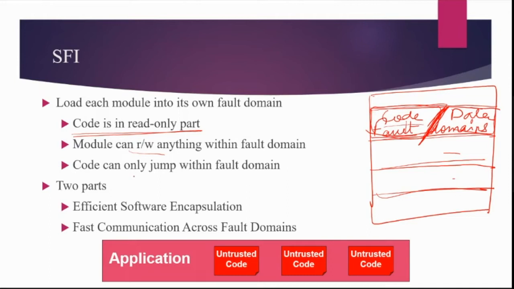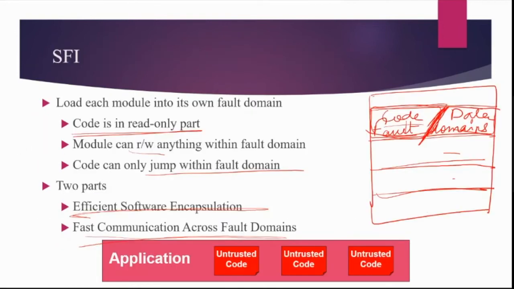Also, code can be jumped to only within the fault domain which is assigned to it. So we can broadly say that the entire process of software fault isolation is divided into two parts. First is efficient software encapsulation, where we put this data into LFDs, and then we need fast communication across these fault domains.